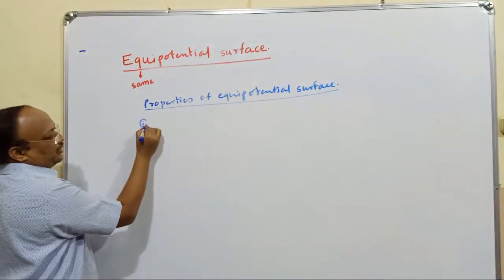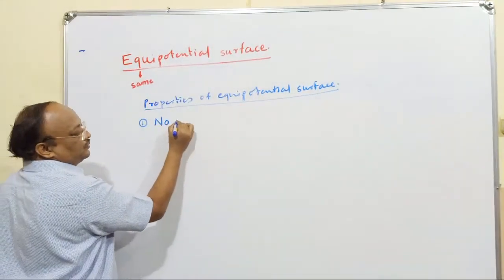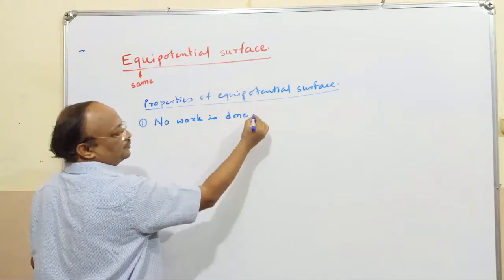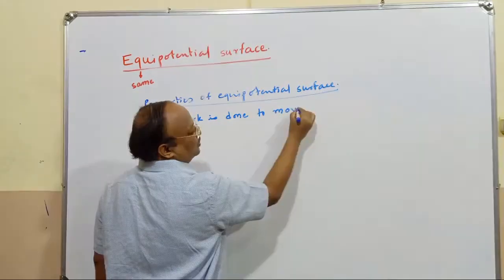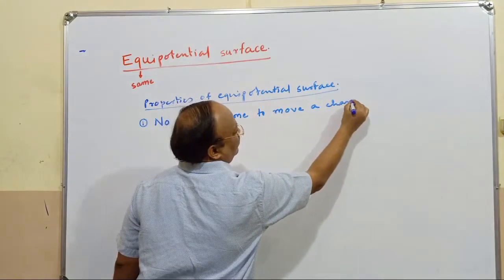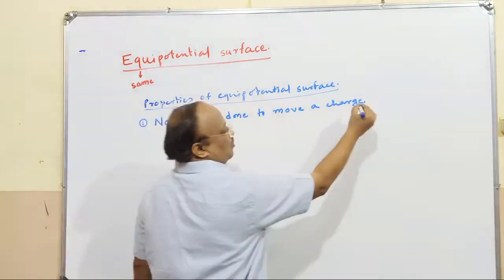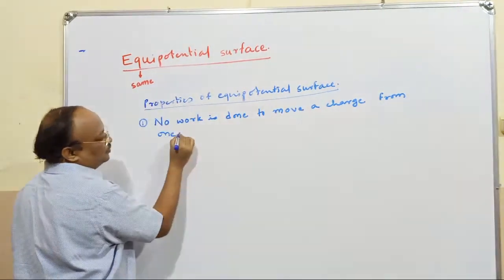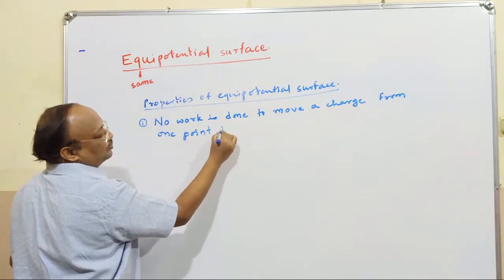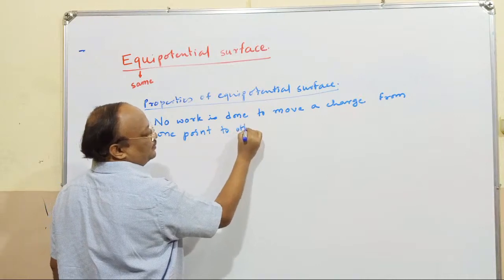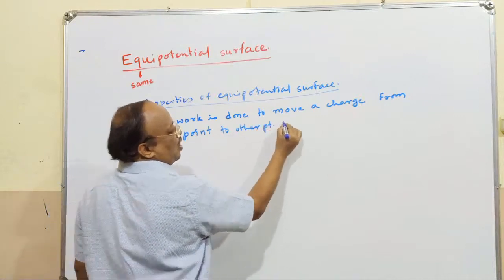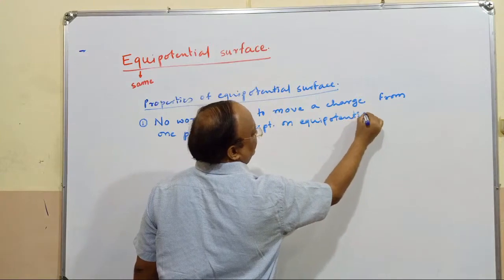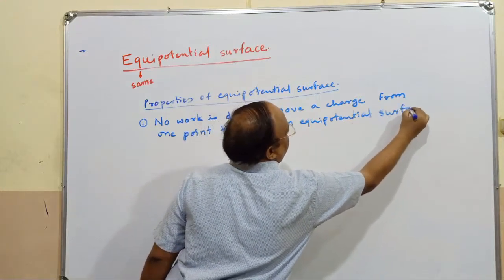So the first property: no work is done to move a charge from one point to another point on an equipotential surface.